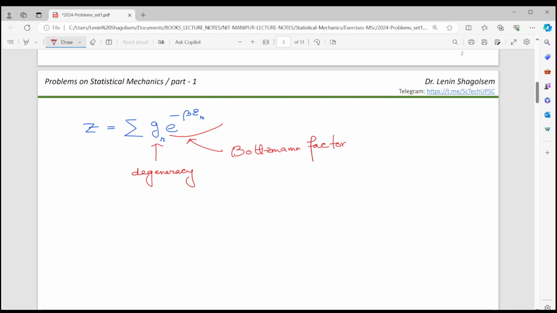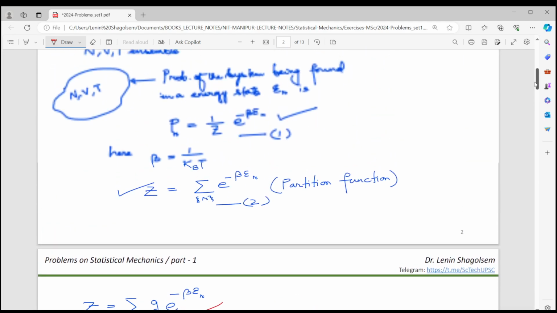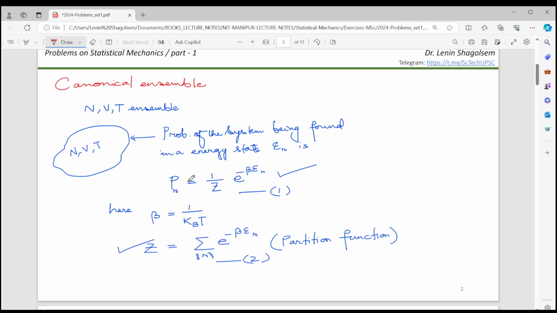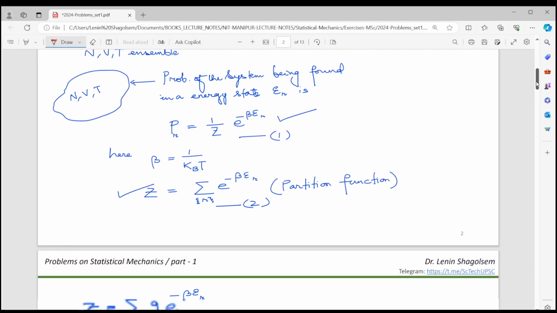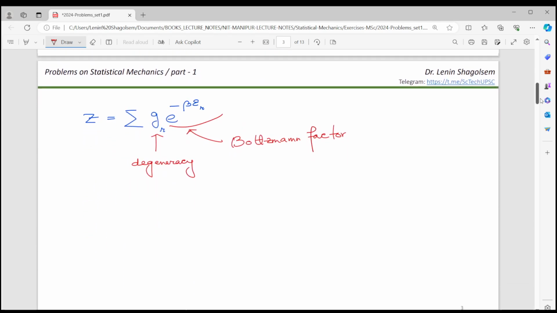All right, so I think we are sort of ready, and one more thing that we have to remember is that we have already written down the expression for the probability of a system being found in a particular energy state, epsilon r. And then we also have noted the expression of partition function.